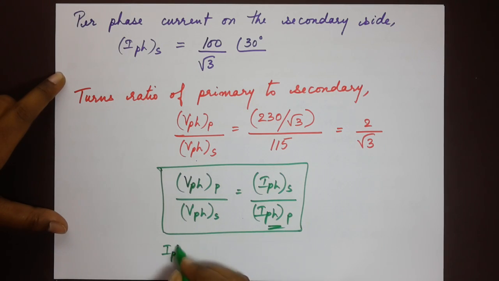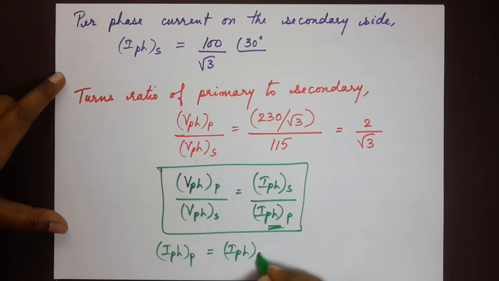So I phase primary equals I phase secondary into V phase secondary divided by V phase primary. Okay, so this is what we have now.